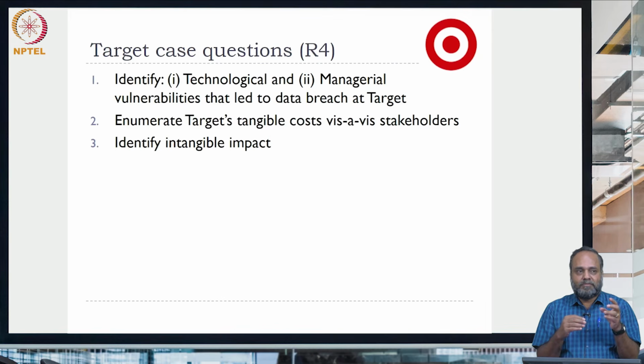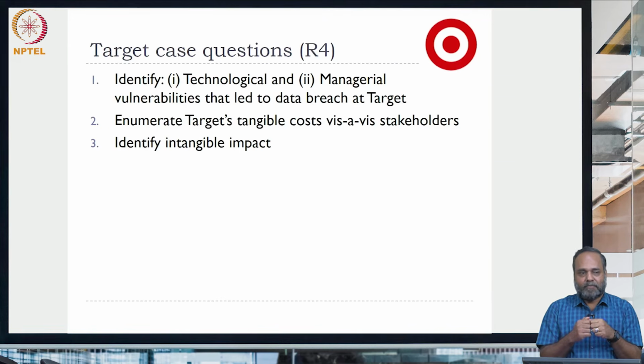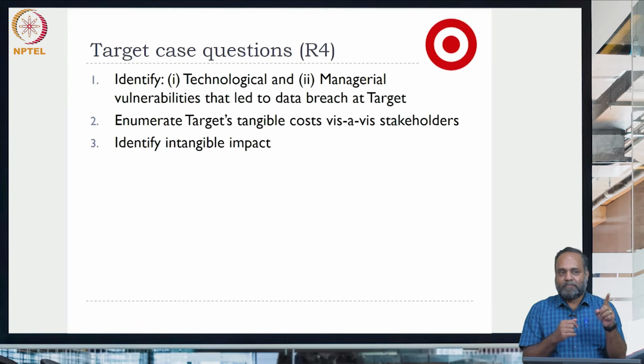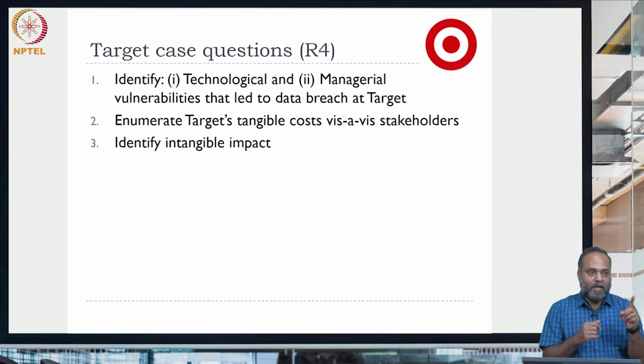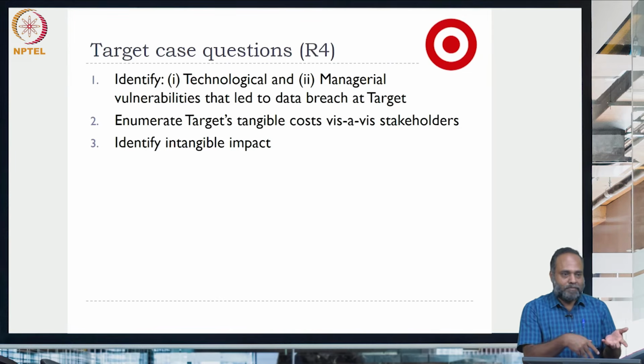For example, we are conducting this class in this room, and this class is meant for participants of this course, and the room is not locked. That is a vulnerability, but not everyone outside is interested in coming in.